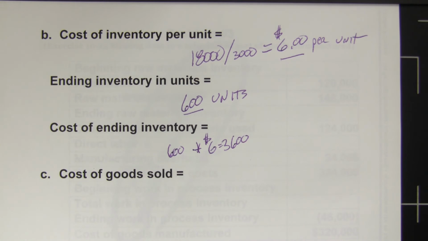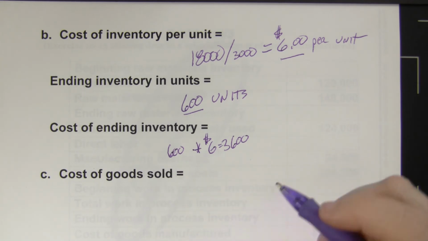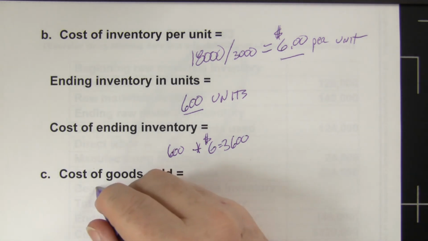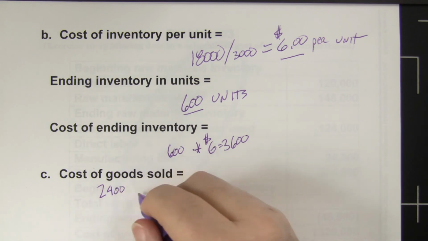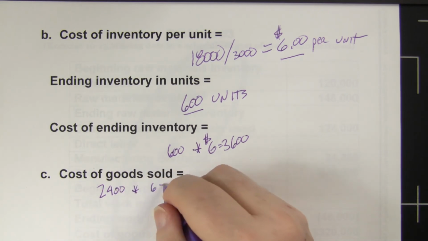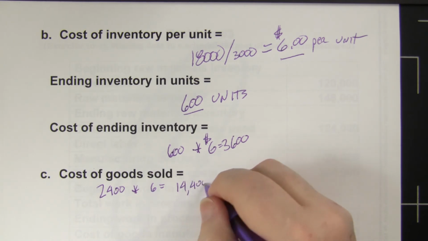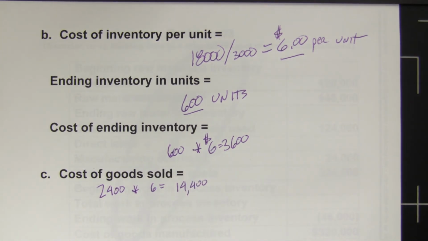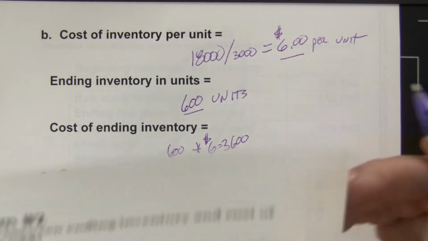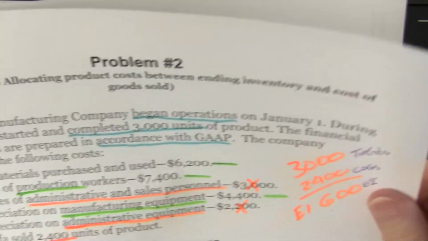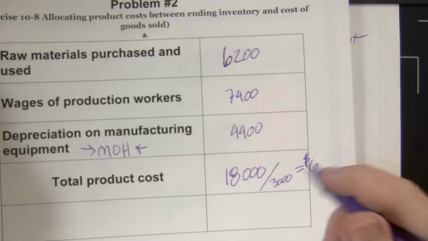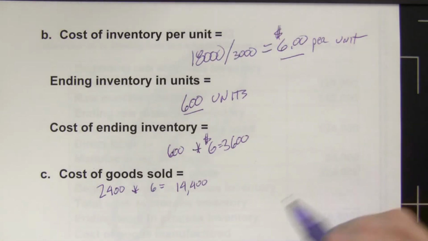Now, cost of goods sold, two ways you can do that. You can either say, well, we sold 2,400 units and each unit cost us $6. That's $14,400. Or you can say, well, our total production costs were $18,000.